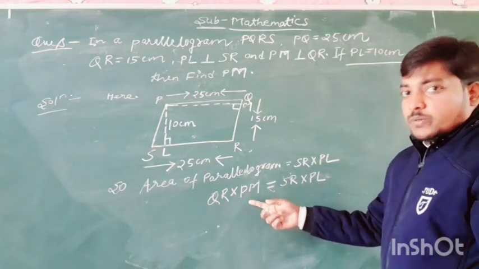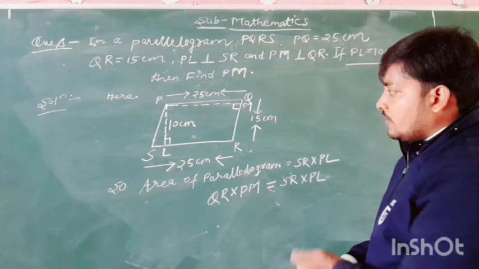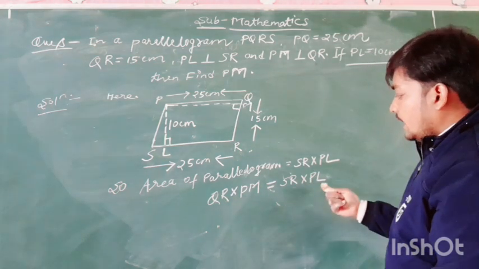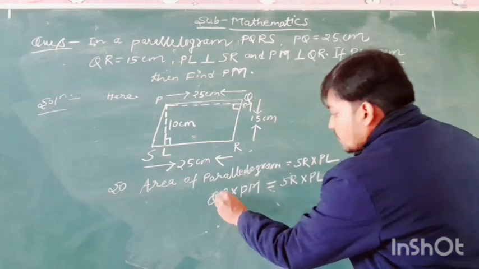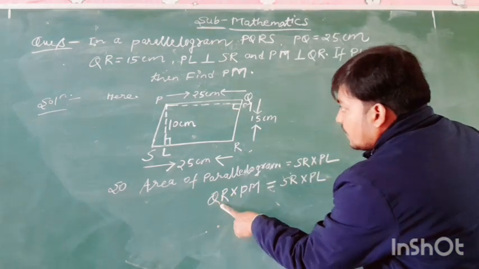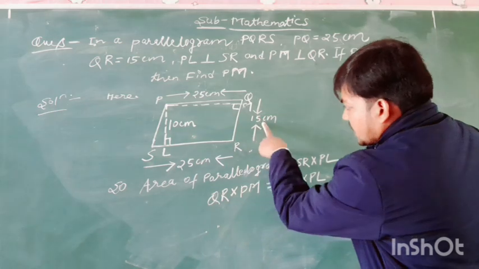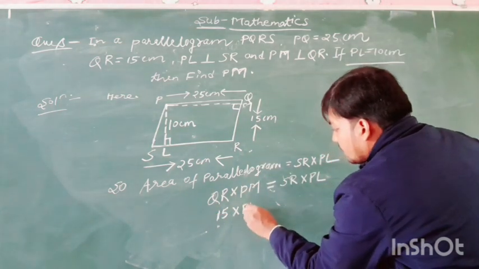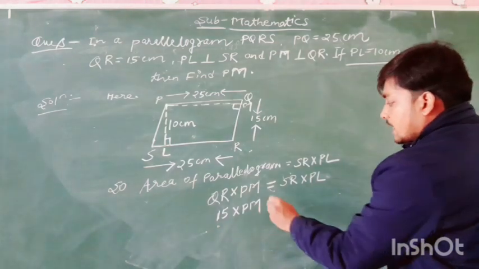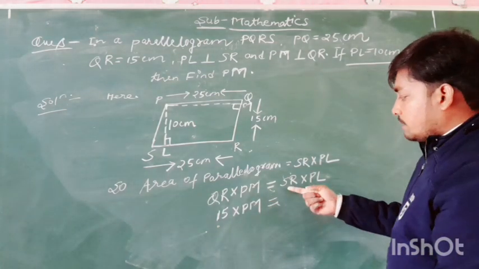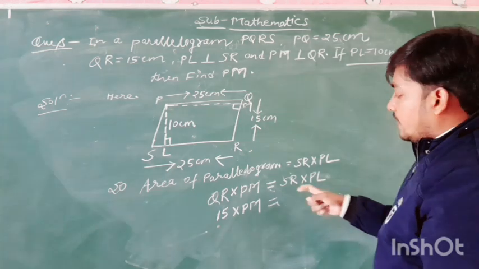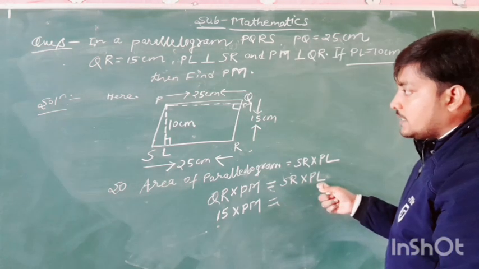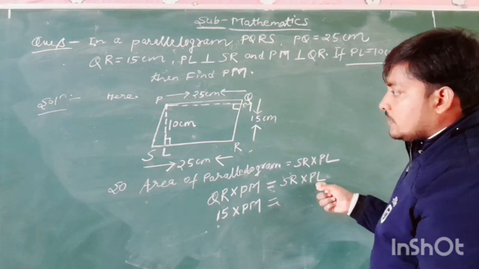Here we have to put the measures of QR, SR and PL. So the measure of QR is 15 centimeter, then 15 into PM in LHS part, and in RHS part SR into PL, where SR is base and PL is perpendicular height or altitude.